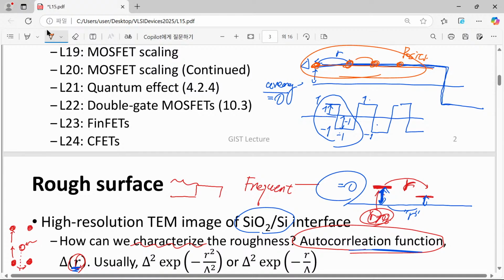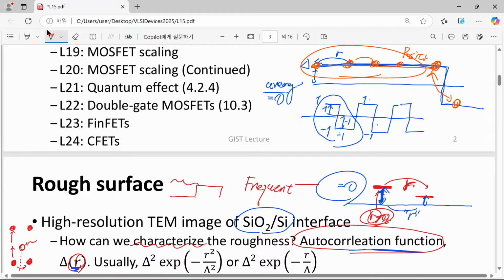A negative contribution occurs only when we have a sign change here.